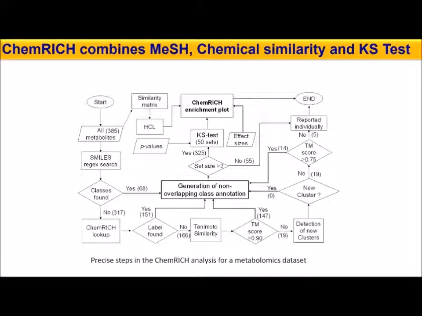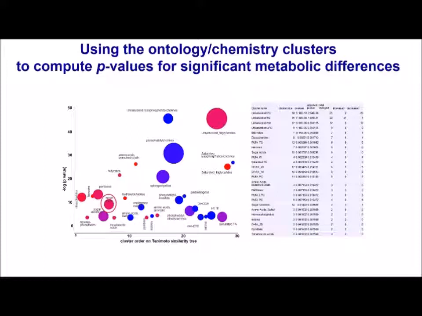And with that, the algorithm ends, and the impact plot plus the results of the KS test are exported back to the user. Using the ontology chemistry clusters to compute p-values for significant metabolite differences.